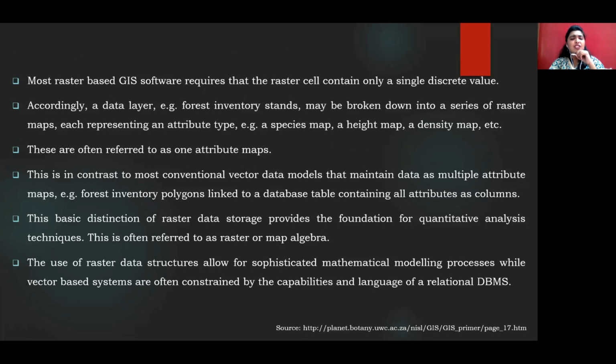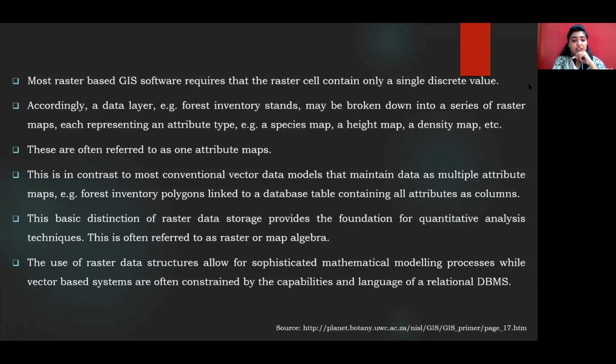Most raster-based GIS software requires the raster cell to contain only a single discrete value. So we all know that the cell has only one discrete value. Accordingly, a data layer, maybe for a forest map, has to be broken down into a series of raster maps, each representing an attribute type.